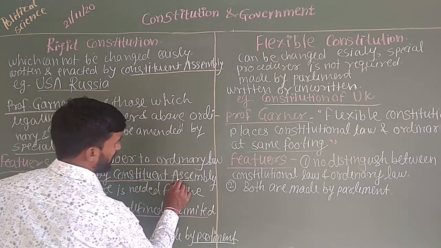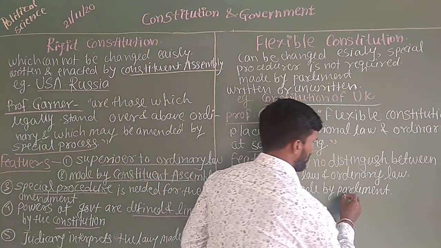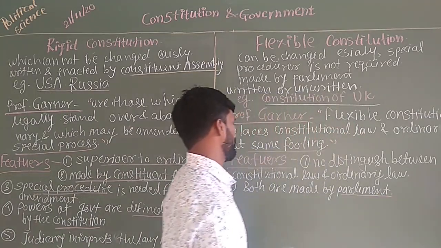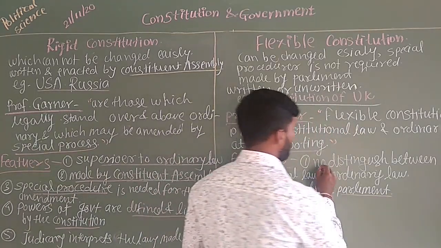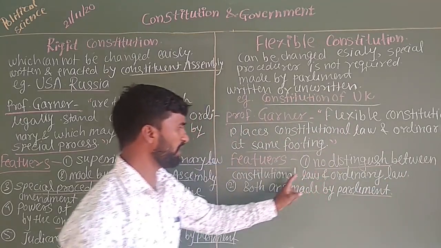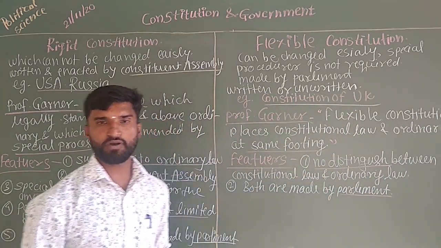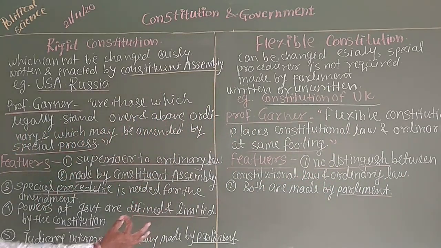Here it is Constituent Assembly, but here it is made by Parliament. That is a difference. No distinction between constitutional law and ordinary law means completely opposite to that.